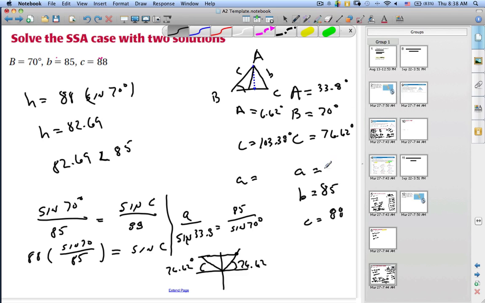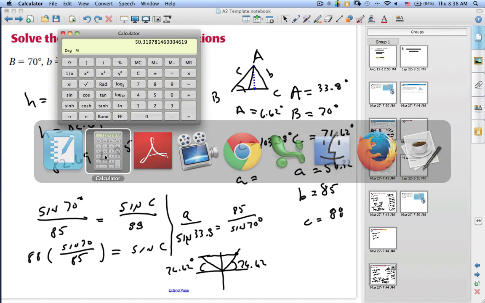So in this case, A was 50.32. Okay, that makes sense. Smallest angle, smallest side. The ratios look pretty reasonable. But now I want to do the same thing with the sine of 6.62. So let's go back and do that again.